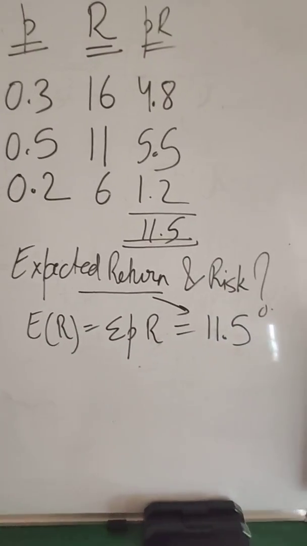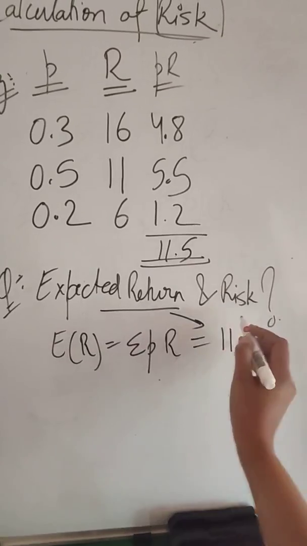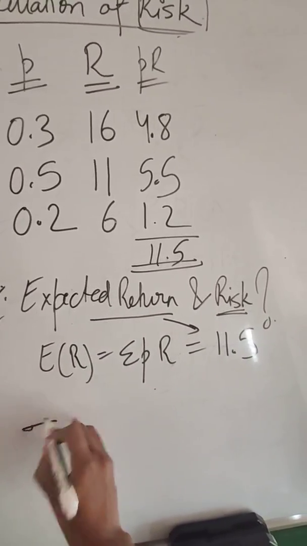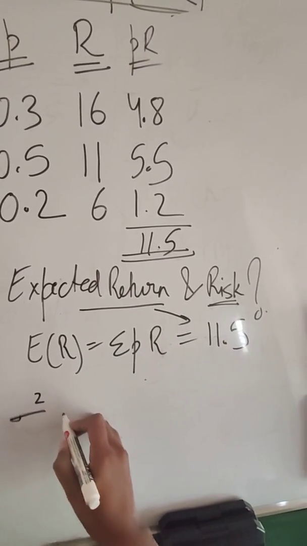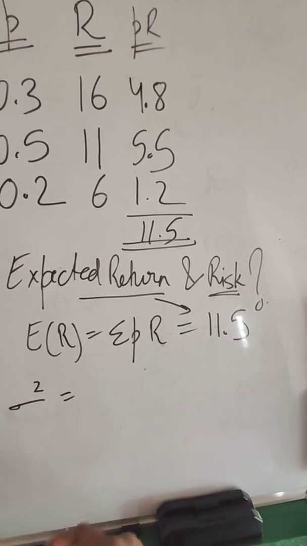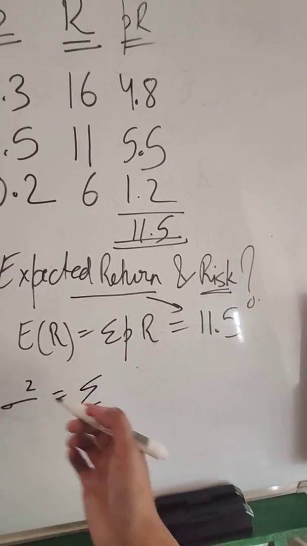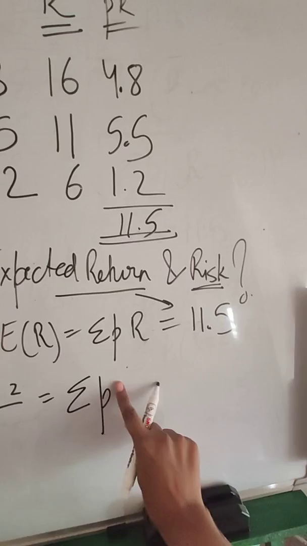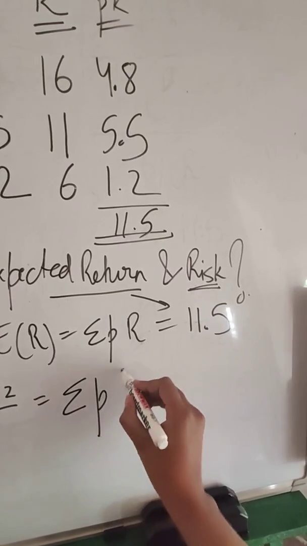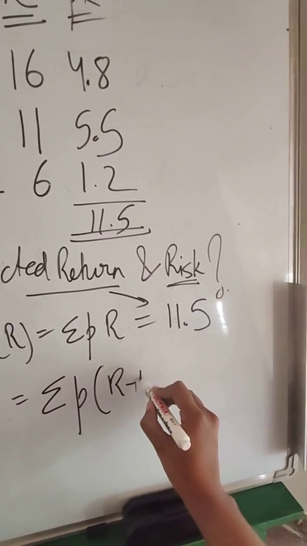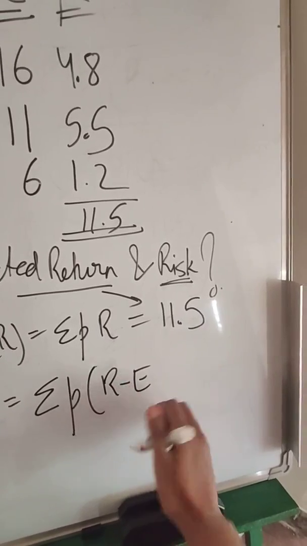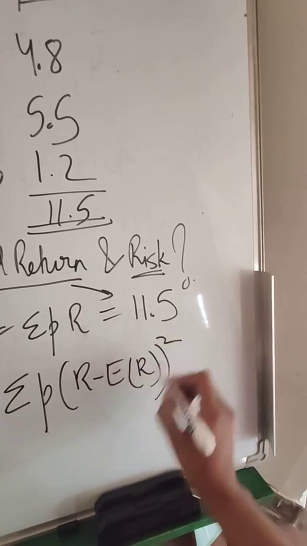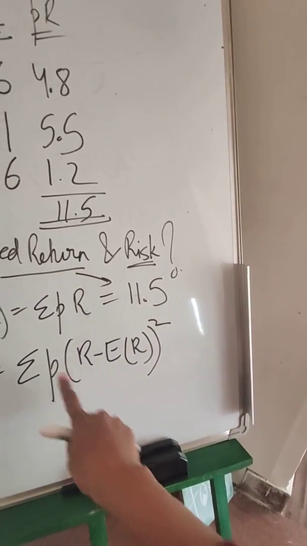Got this? Now next is the risk portion. First of all, we will calculate the variance, and then we will take the square root of it. That will be very simple, since we know the formula. It is probability into return minus expected return, the whole square.